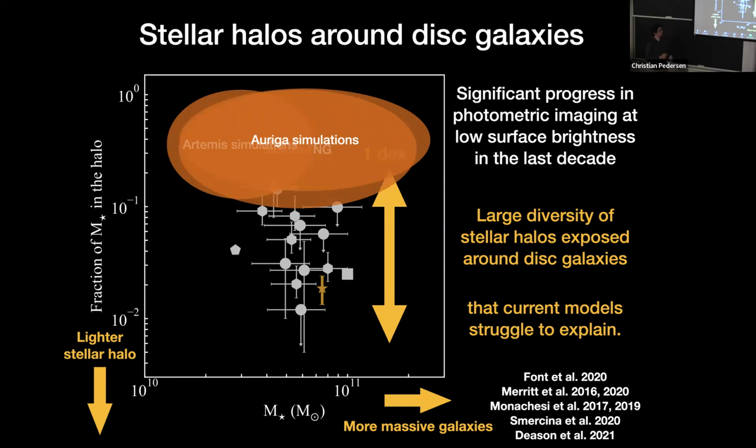Just to be sure I understand the vertical axis, in every case you count stars, or the mass in stars, and the horizontal axis is the total stellar mass, which is the disk plus the halo, and vertically it's just the halo? That's right.